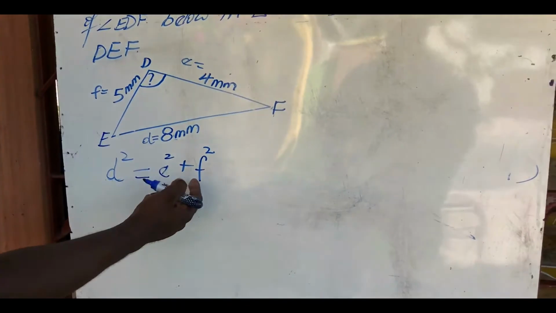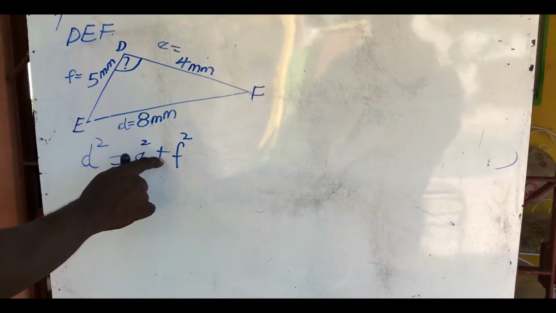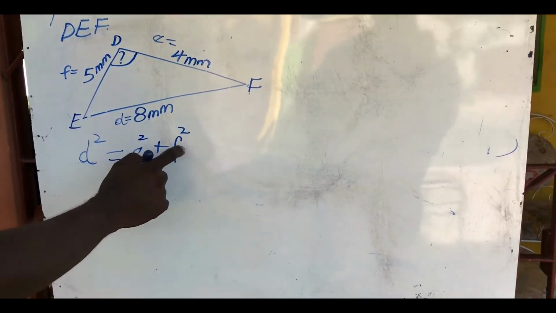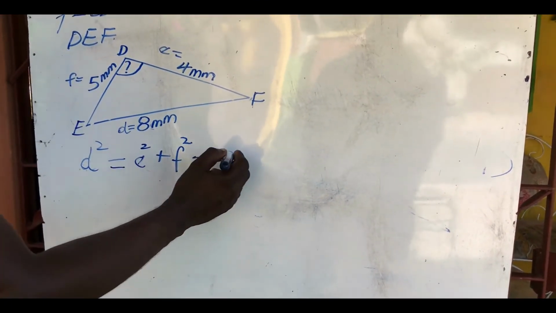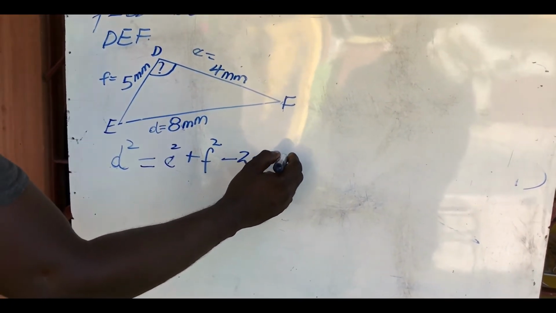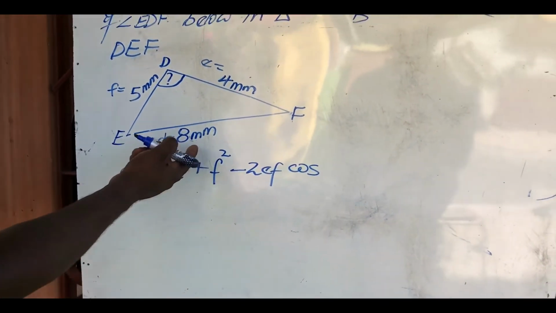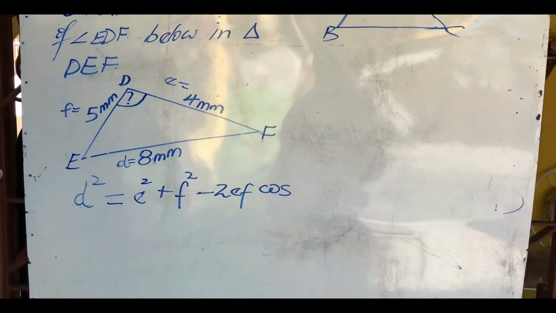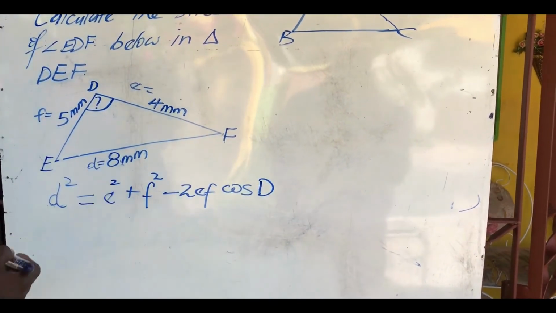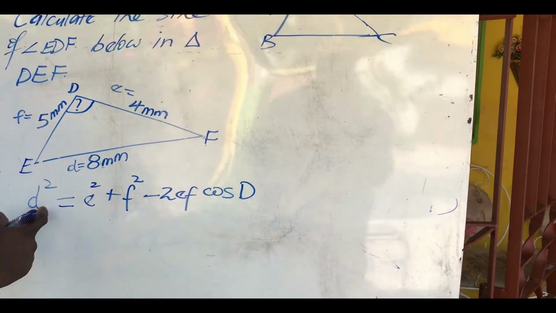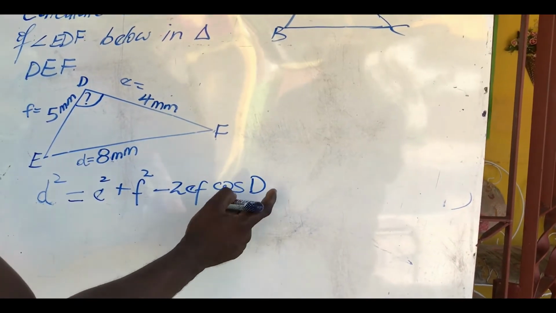So remember, that's what we basically do. We find the sum of the squares of the 2 other sides, minus 2 times the product of these, EF, times the cosine of the angle that is opposite to the side. So that is angle D. So remember, any letter that you start out with, you must end with it, but it is a capital letter over there.